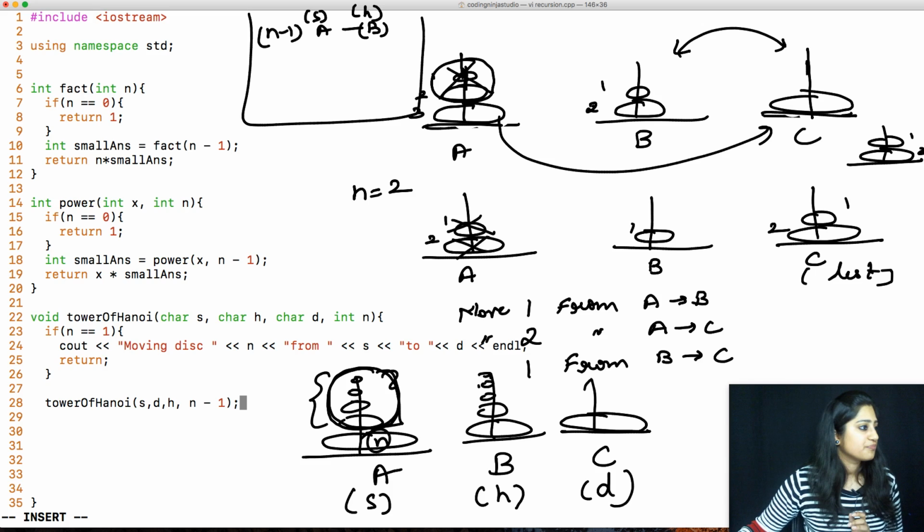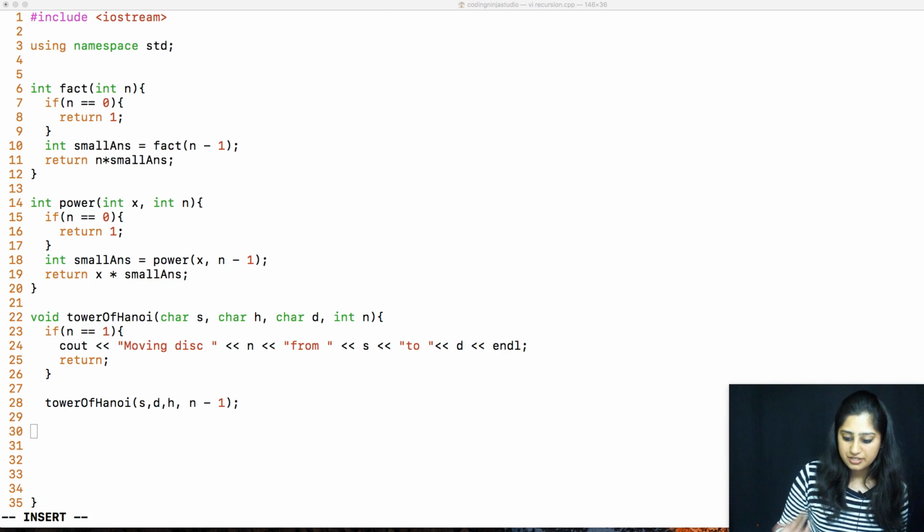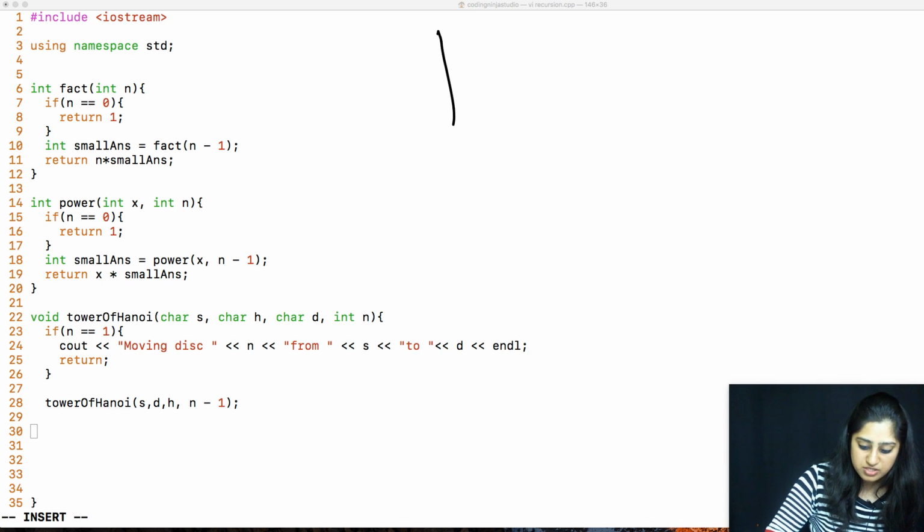In line number 28, what are we doing? Okay, so let's just clear this and start again. What our target is, what we actually want to achieve: now we have seen for one disk how to do it.